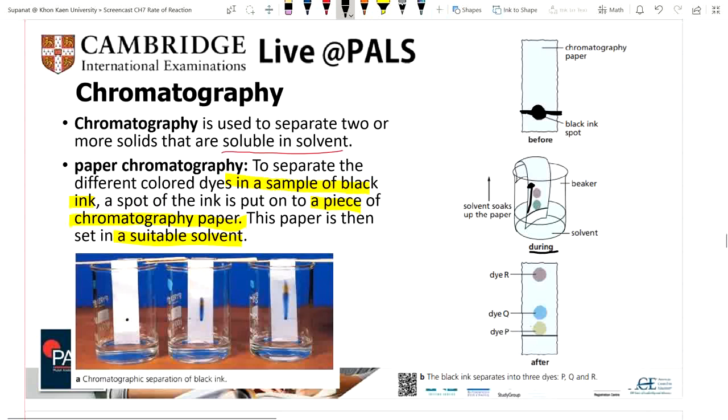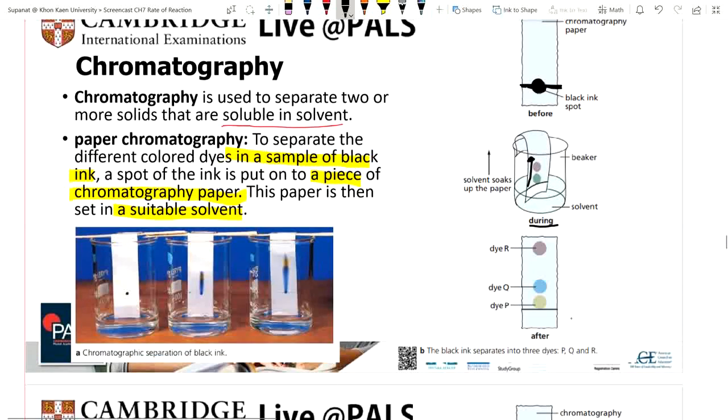At the end of the separating, we see dye P here at the bottom, another dye Q here, and dye R here. So now the three dyes in the black ink, or the three-component mixture, can be separated. This is called chromatography.